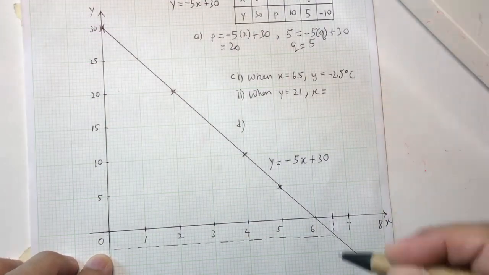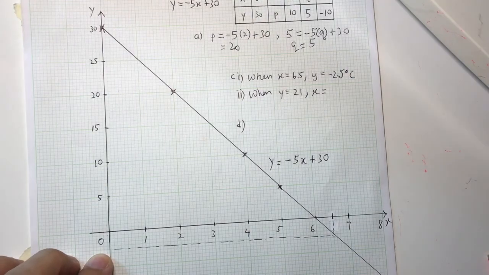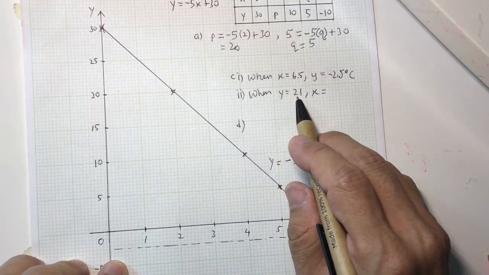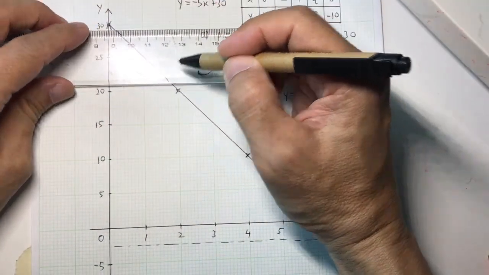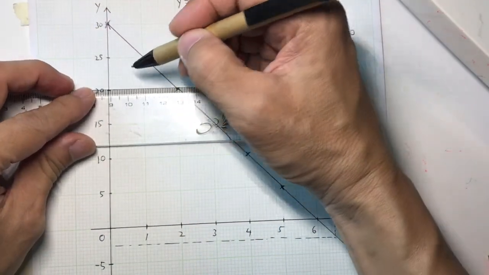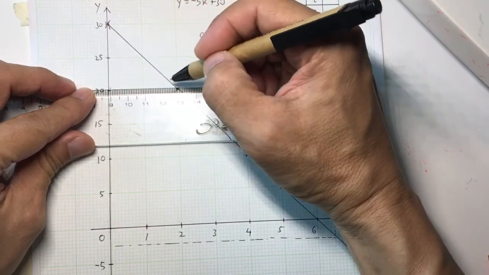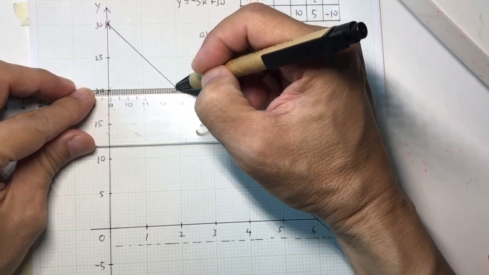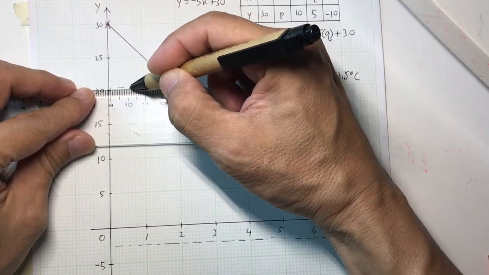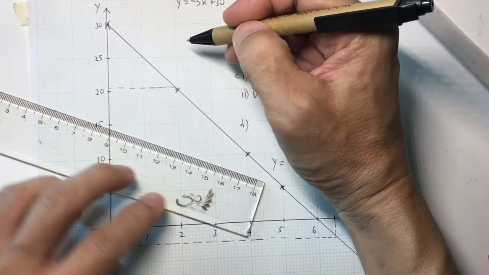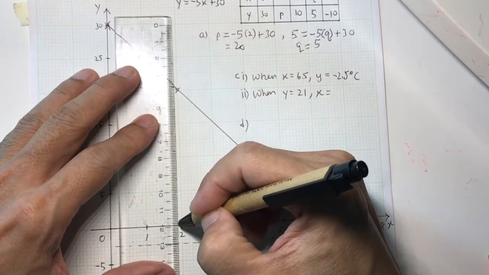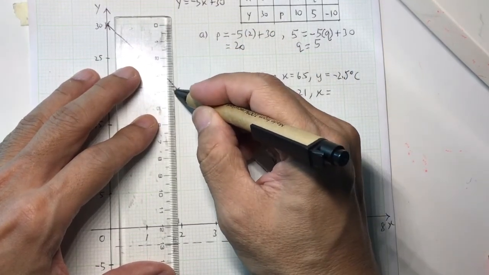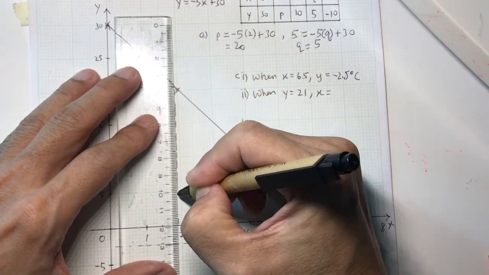degrees centigrade. And when y is 21, we draw to the line again and read off the value of x, drawing a dotted line.